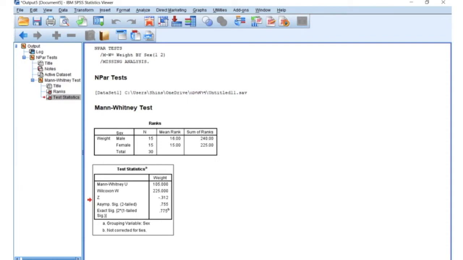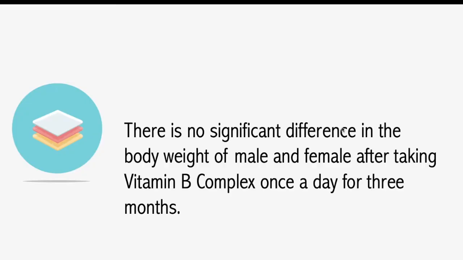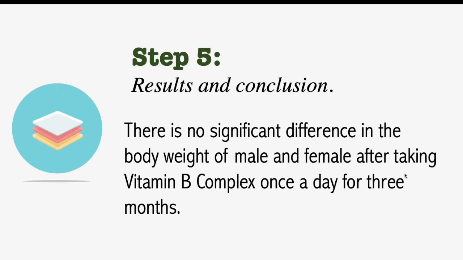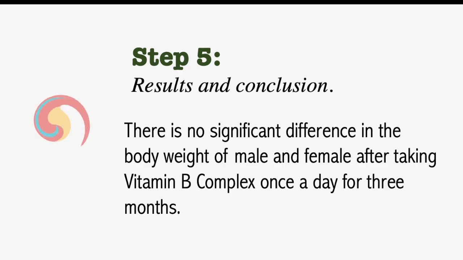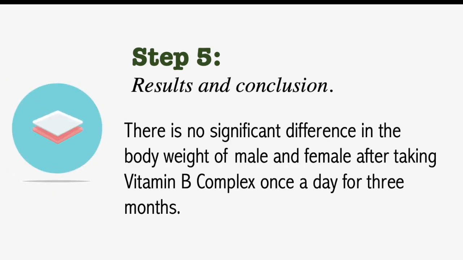Therefore, we accept our null hypothesis. To report the result and make a conclusion, we say there is no significant difference in the body weight of male and female after taking vitamin B complex once a day for 3 months. So this is our null hypothesis, and we just copy and put it in our conclusion.